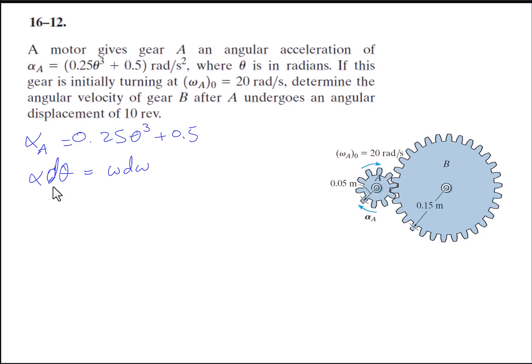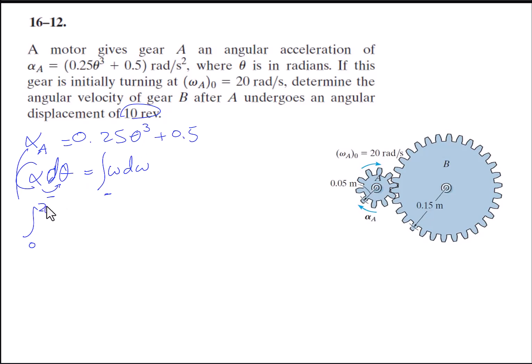When we integrate this, because this is a function of theta, you integrate this from the initial theta to the final theta, and this from initial omega to final omega. So theta is from 0 to 10 revolutions, and every revolution is 2 pi.